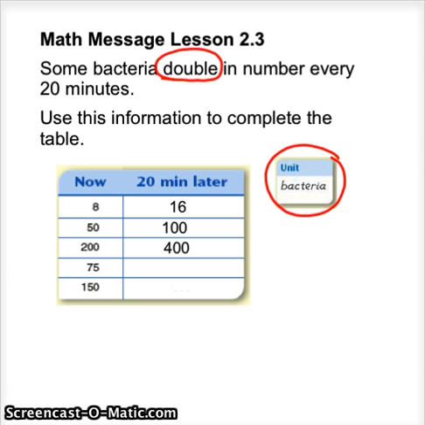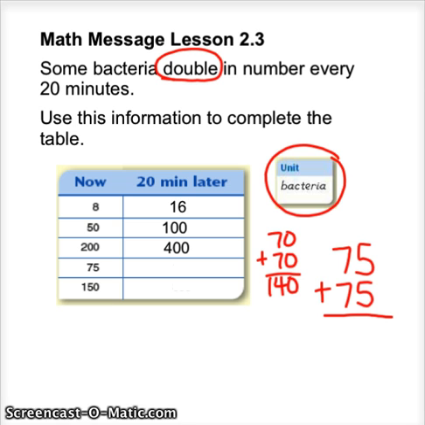Now 75 bacteria. If you can't double 75 in your head, you could add 75 and 75, which some people like to think of as 70 and 70 equals 140, and then 5 and 5 is 10.